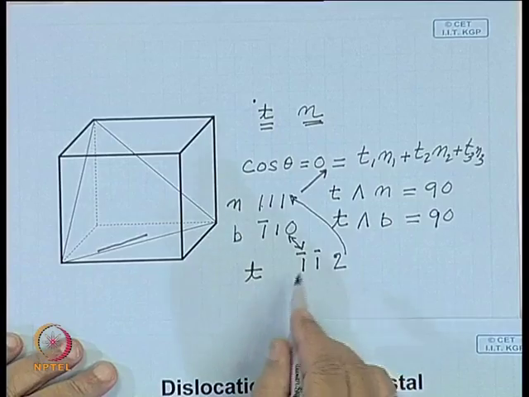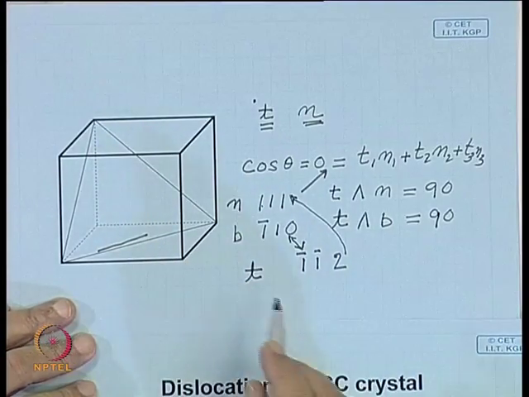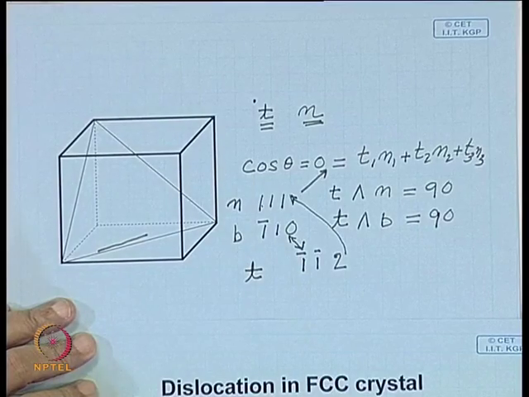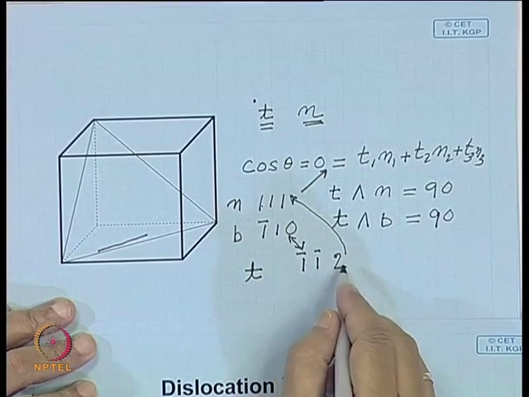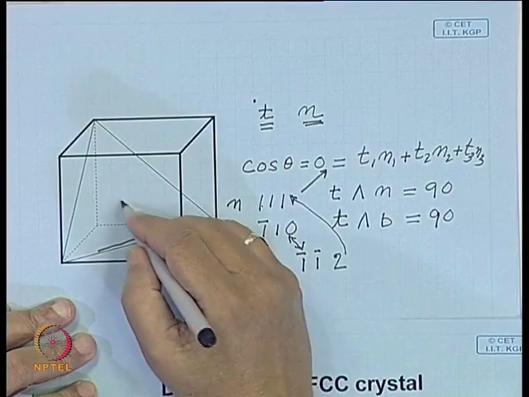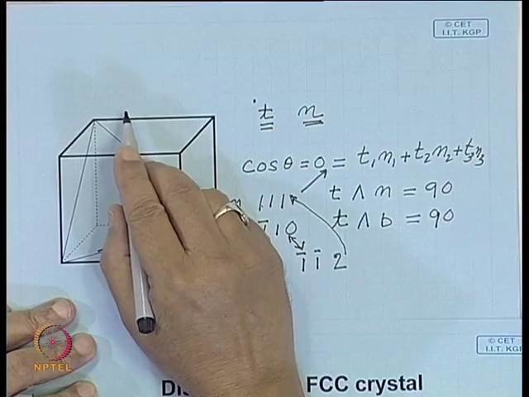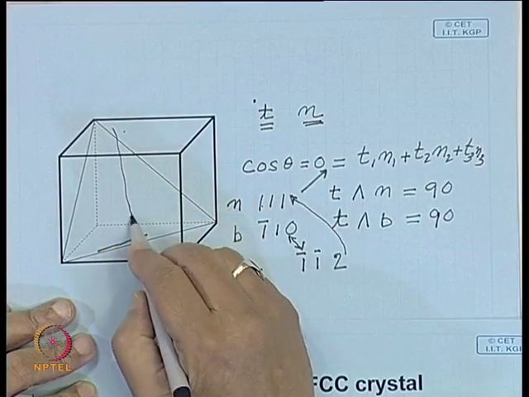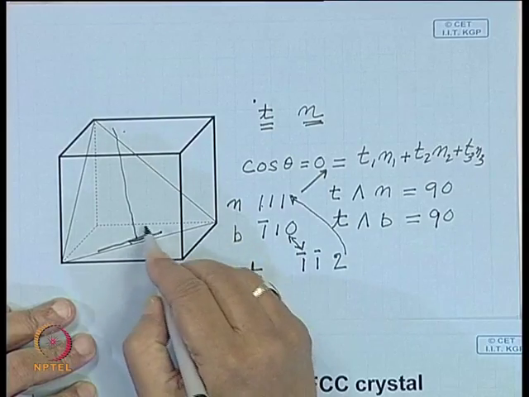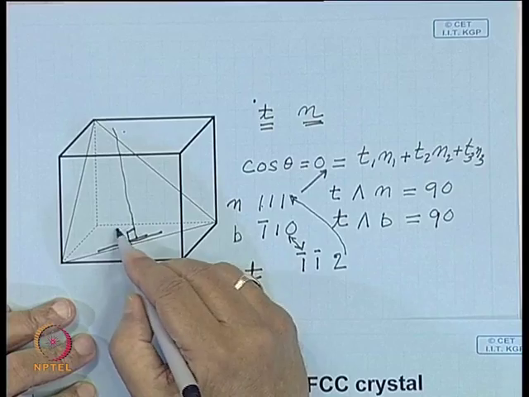So, that means only if the dislocation lies along 1 bar 1 bar 2. So, 1 bar 1 bar 2 may be some direction, something like this, which is on this plane, and it subtends 90 degrees.